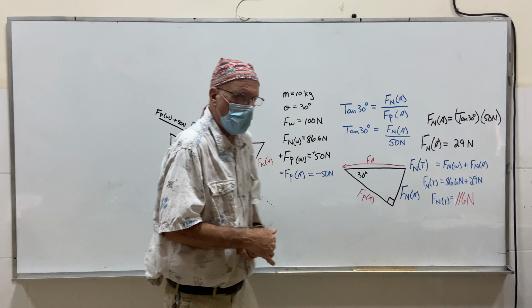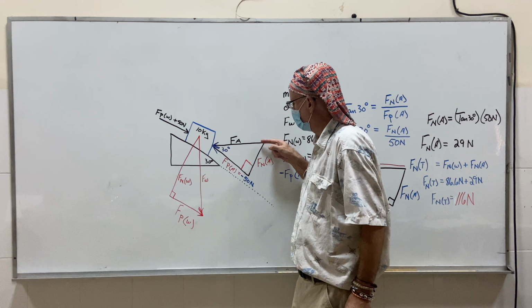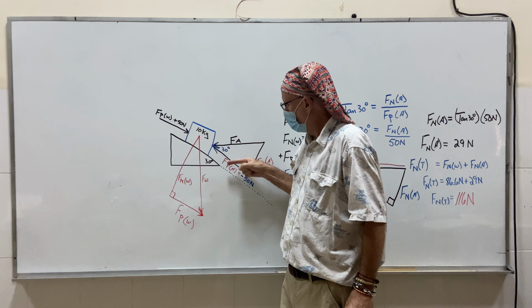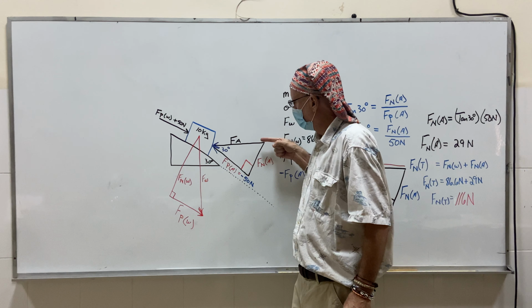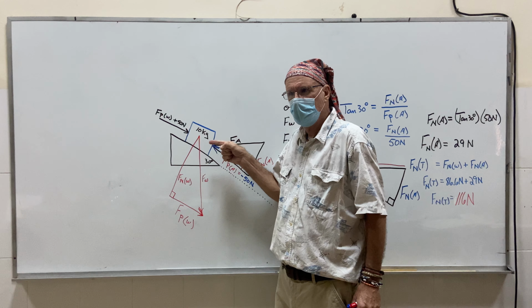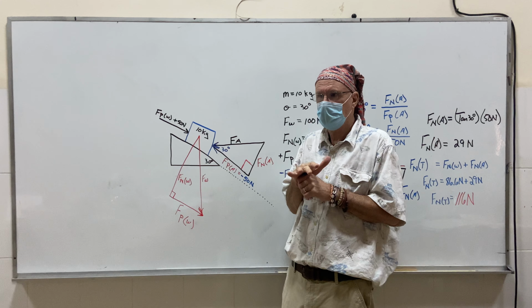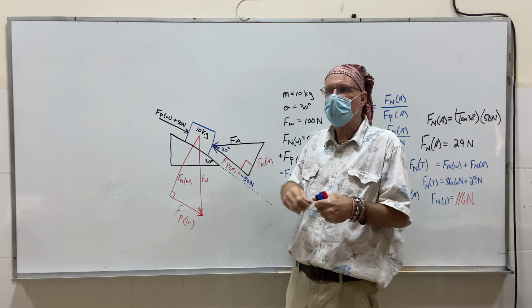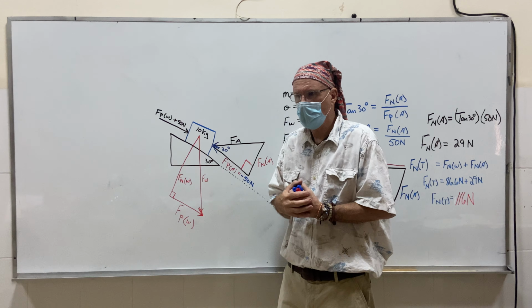If I apply a horizontal force, horizontal to the ground, on that book so that it doesn't slide, what's the total normal force?